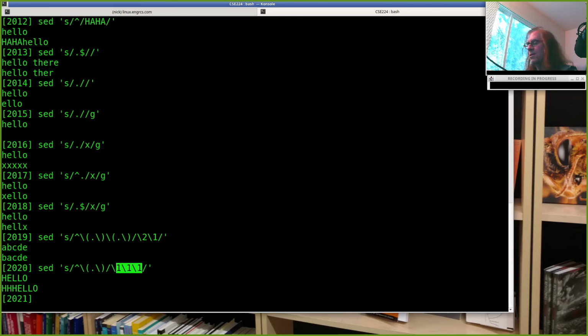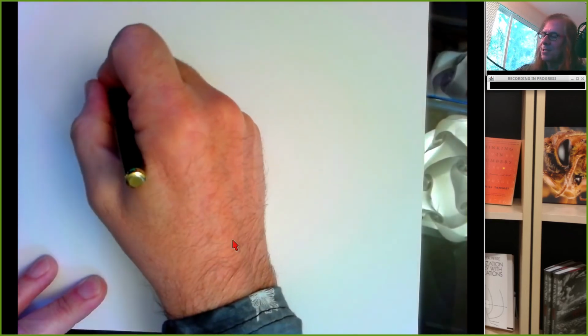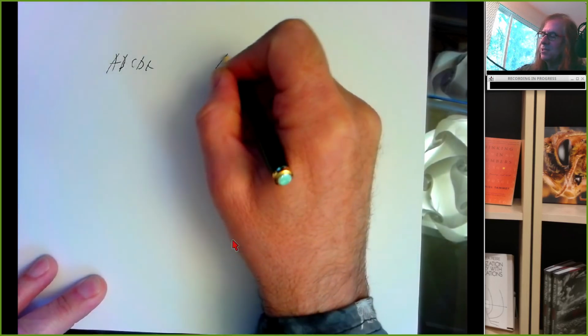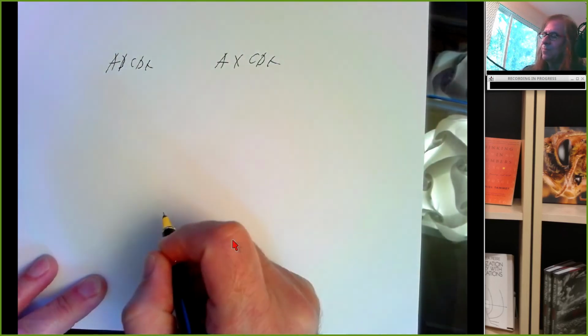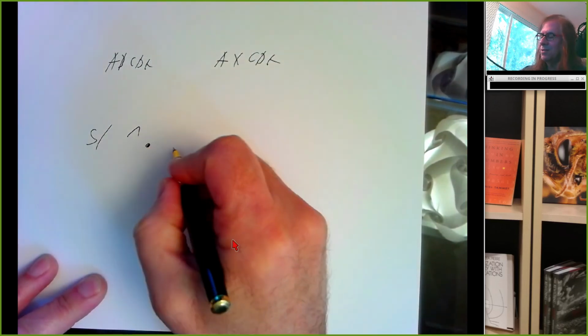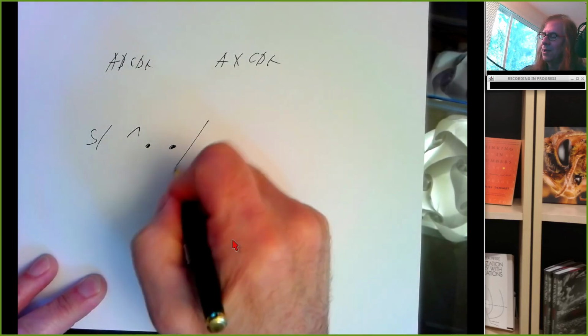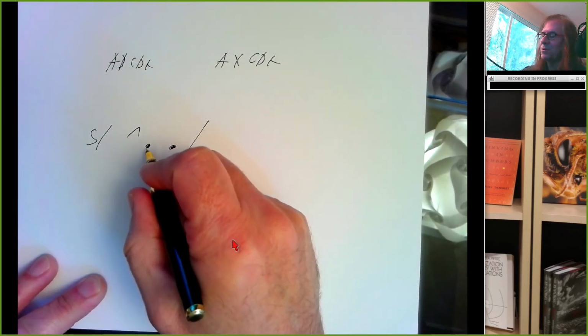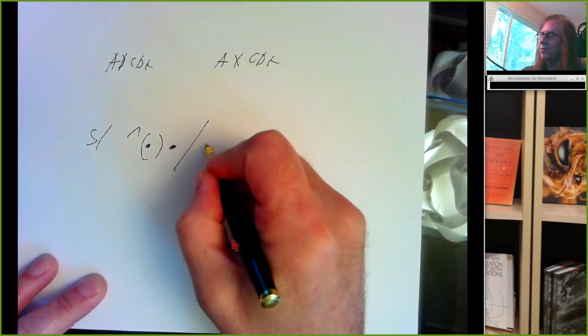And so now it's a puzzle game to figure out how to use this mechanism to do things. So suppose I want to replace the second character of a string with the letter X. Right? So I want to take A, B, C, D, E and change it into A, X, C, D, E. So I want to match the first character and the second character. And I want to replace it with whatever was in that first character. So I'm going to put this in register 1.